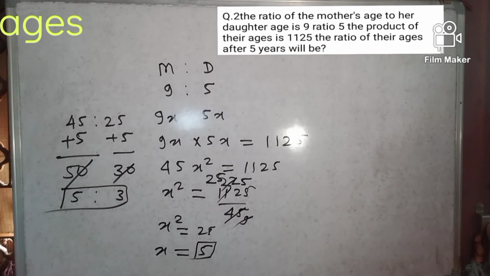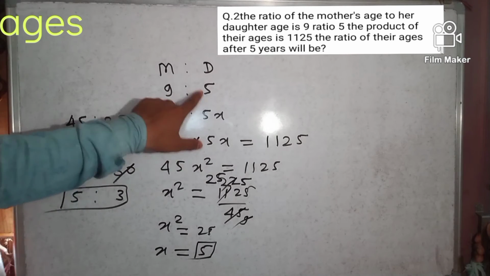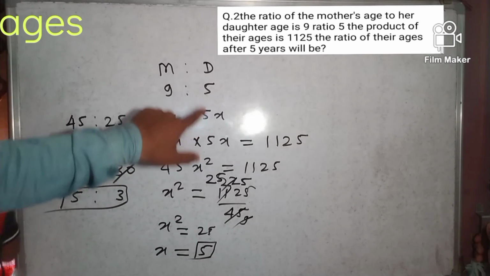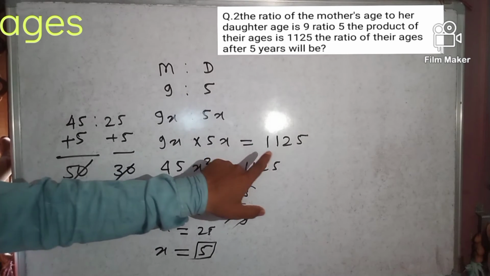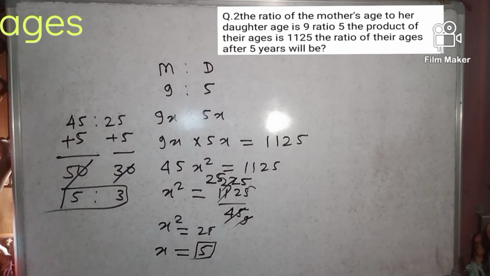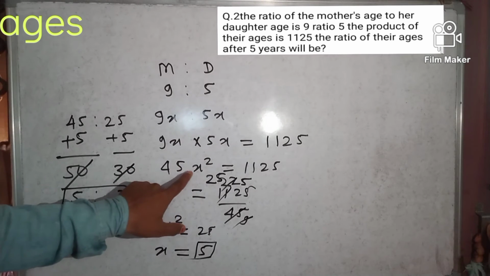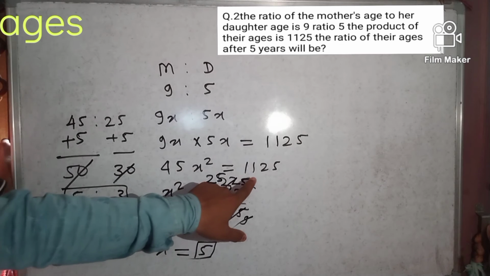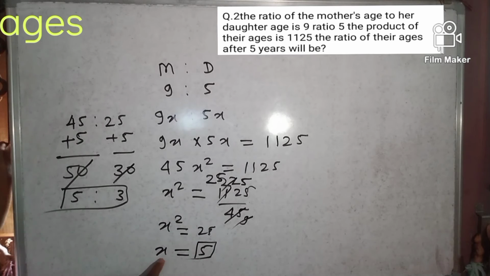Now see here once again friends, mother and daughter ratio is 9:5. So this is 9x and this is 5x, mother 9x and daughter 5x. Product means we have to multiply, so 9x into 5x is equal to 1125. 9 into 5 is 45, x into x is x square. So x square is equal to 1125 by 45, which is 25.